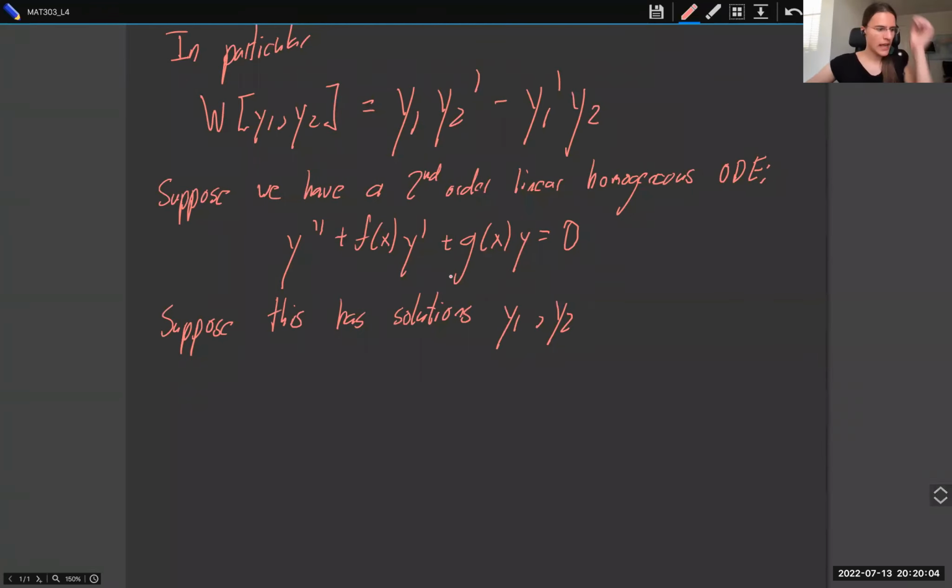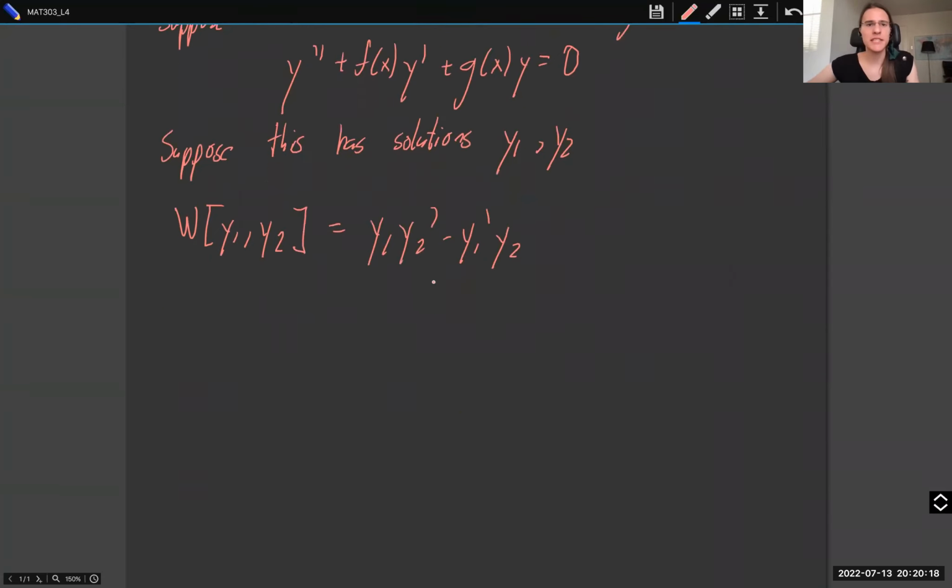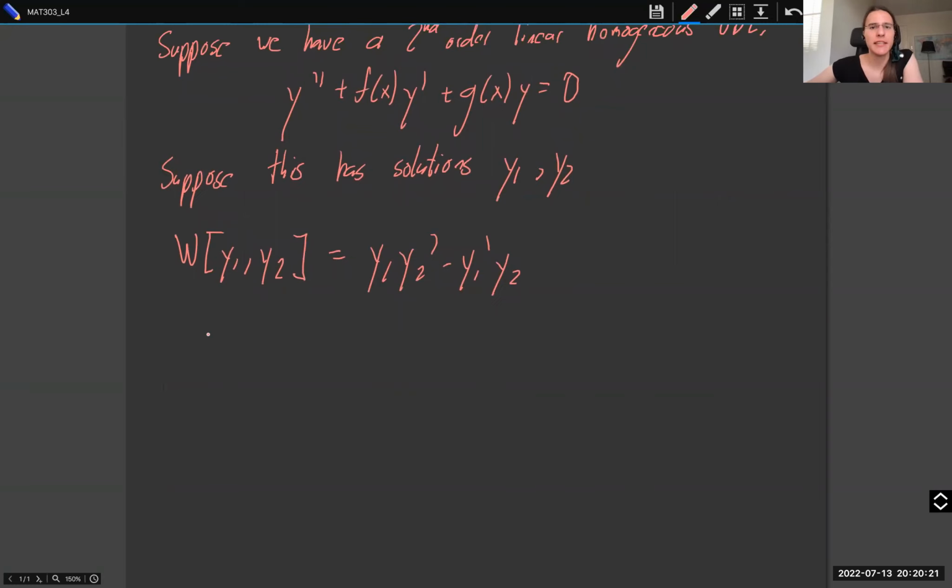Then what's going to happen is I'm going to consider the Wronskian of y1 and y2. And that's what I have above. This is a function of x. I'm going to take the derivative of it with respect to x. So what do I get?